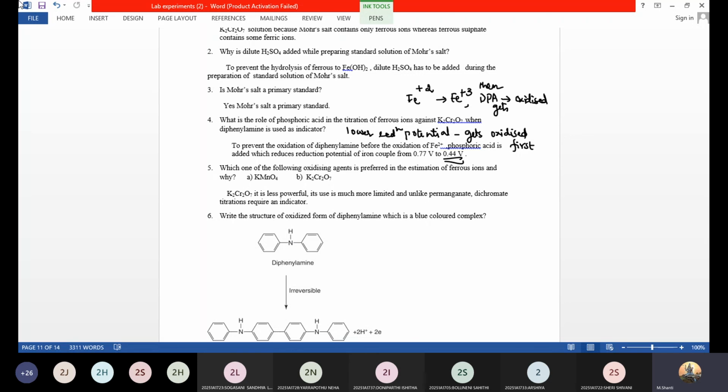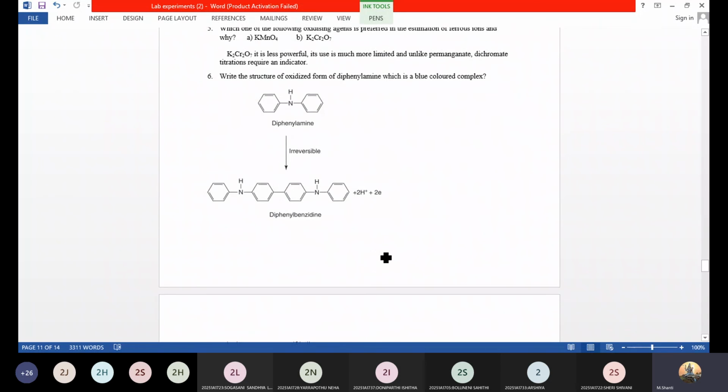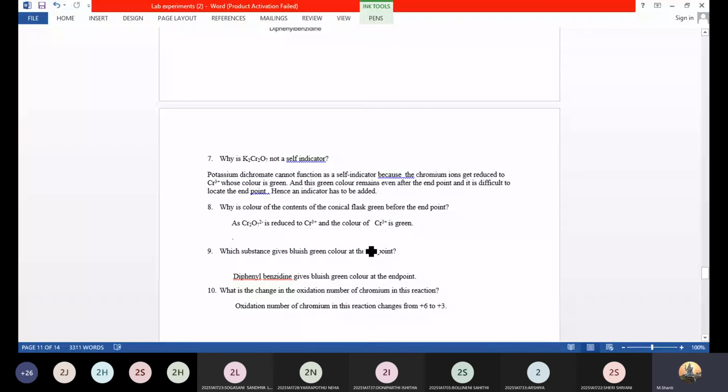Without a white apron, we won't allow you. So get a white color apron, a record book, and a lab manual hard copy with you. Am I clear? Please note down: lab manual, record book, and apron.